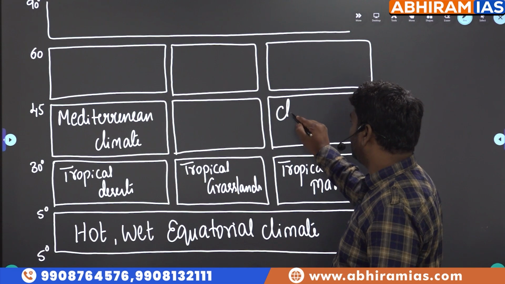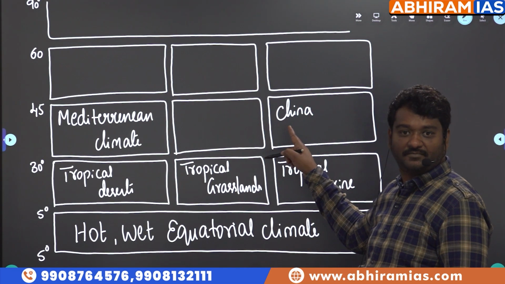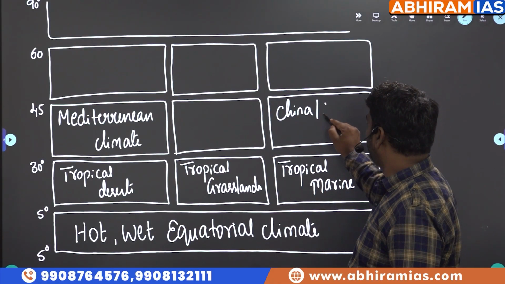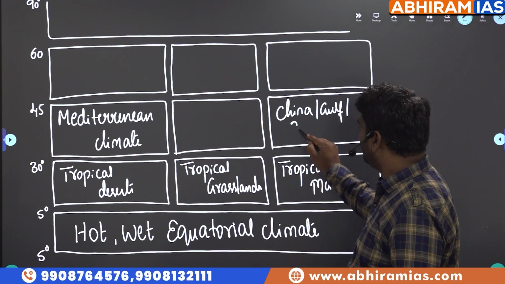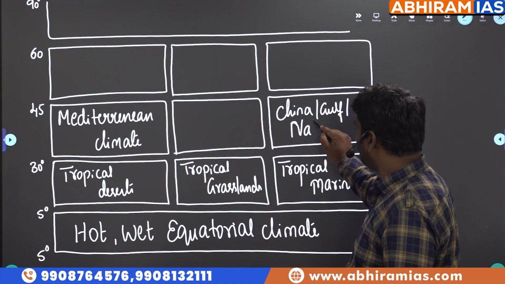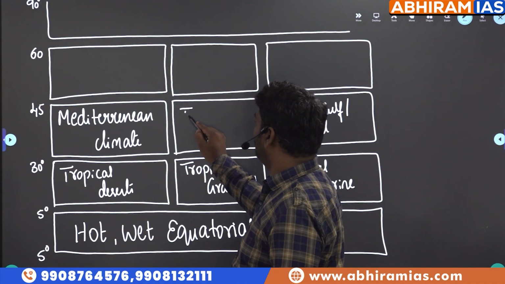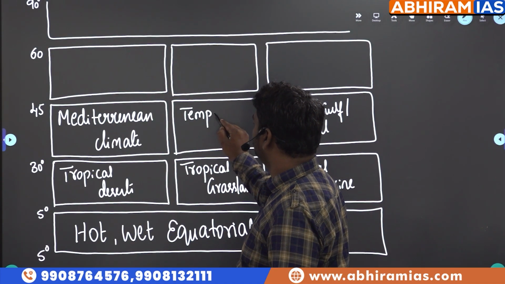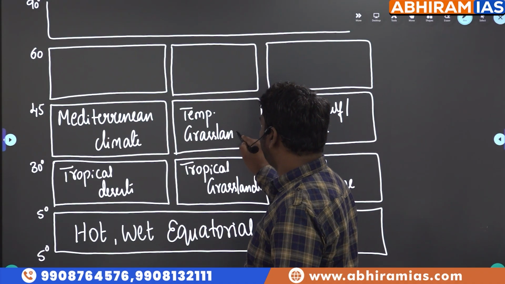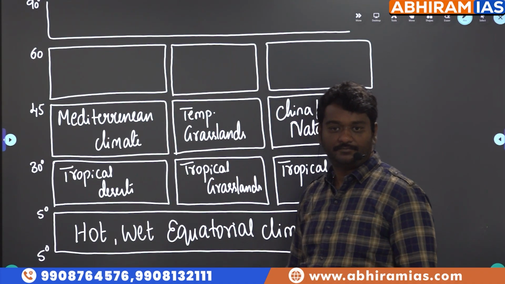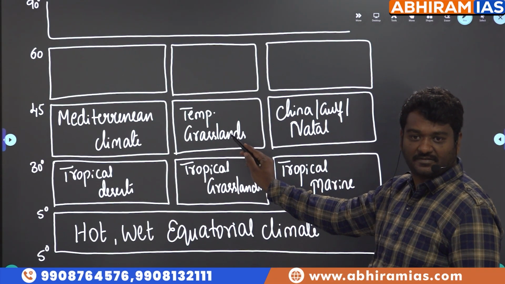Eastern side you have China. China type of climate, or we call Gulf type of climate, or Natal climate. Here you will have temperate grasslands. Mediterranean climate, China type, temperate grasslands.